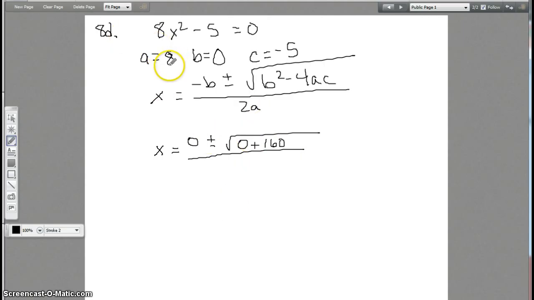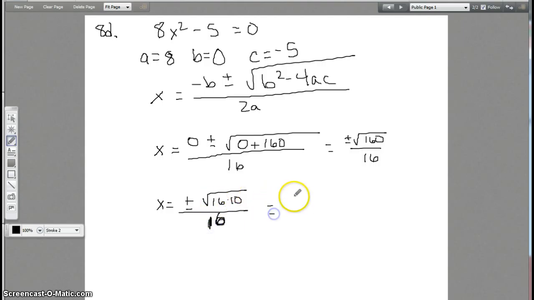Since our a is 8, 2a is going to be 16. So we can write this as plus or minus the square root of 160 over 16. Now, 160 does have a square factor. We can write 160 as 16 times 10. So x is equal to plus or minus the square root of 16 times 10, and that's all over 16.